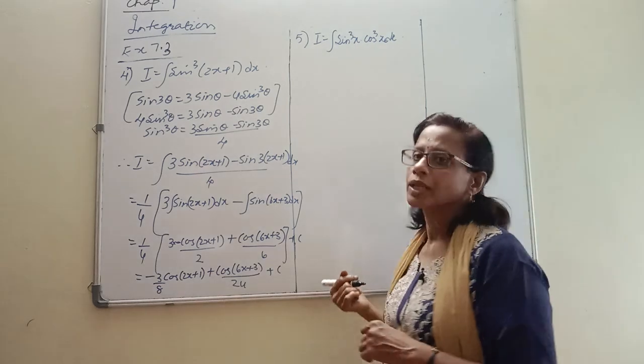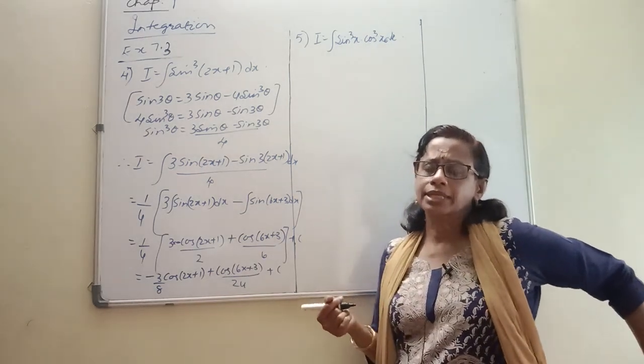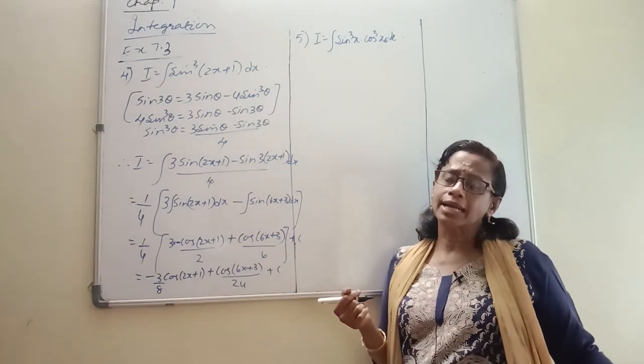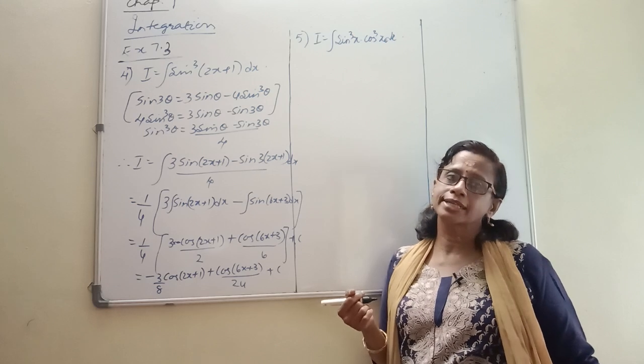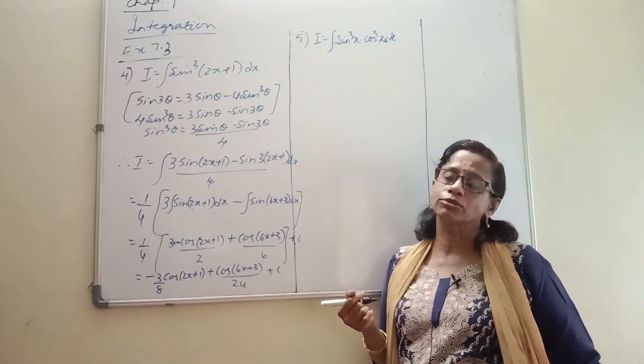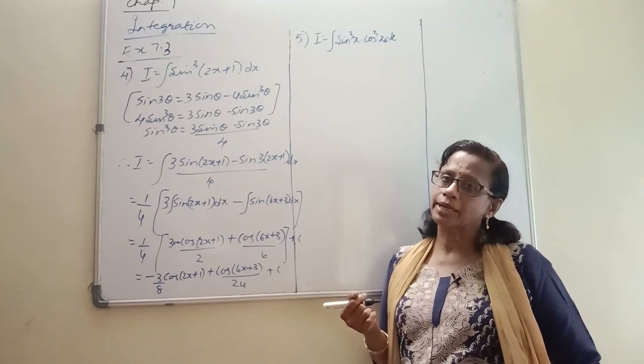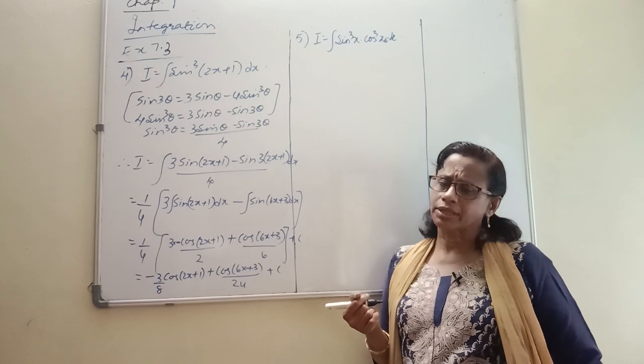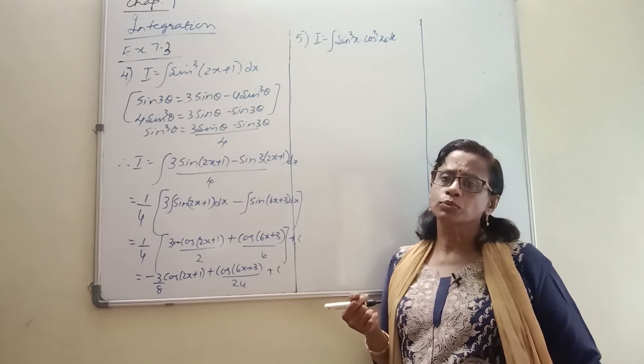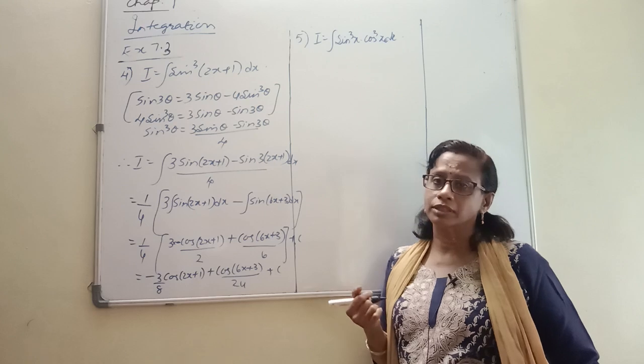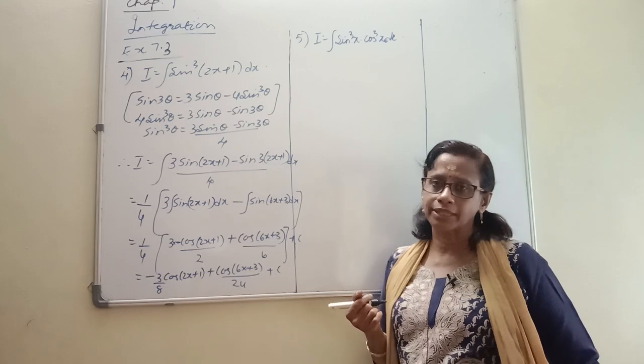Again it's a product and they are cubes. So again you have to get them into a simplified form so that you can apply the integral. Let's work on it as we did earlier. Let's get it simplified and then apply the integral.